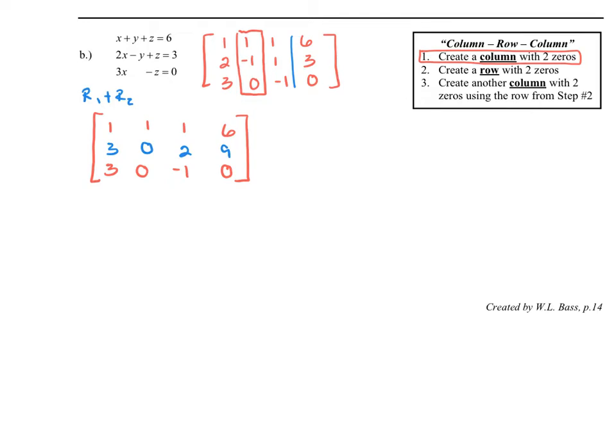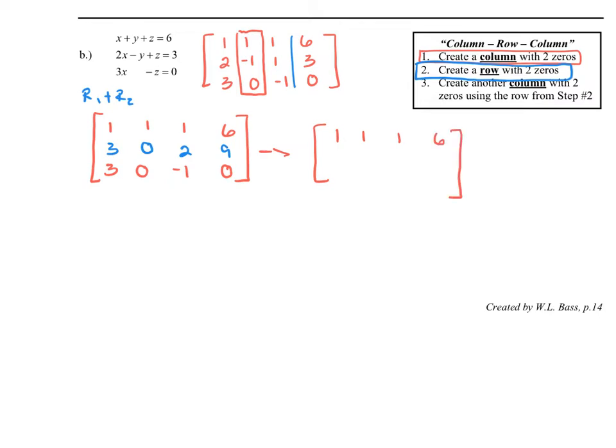Step 2 is to create a row now that has 2 zeros in it. And when I'm looking at my rows, I see that this row doesn't have any zeros in it at all, in which case I'm going to leave that row alone completely. I definitely don't want to do anything with that one because it doesn't have any zeros already.